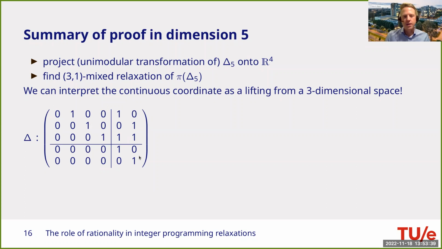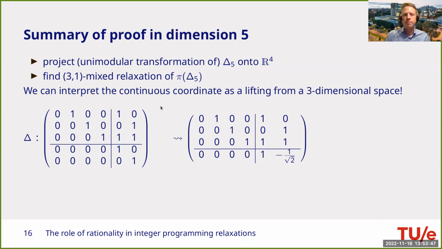We again have a diagonal, but above the diagonal we might have some non-zero entries. Then we project these points onto a lower dimensional space, and we interpret this last coordinate as a height value, and then we derive a mixed relaxation with respect to this set of projected points.